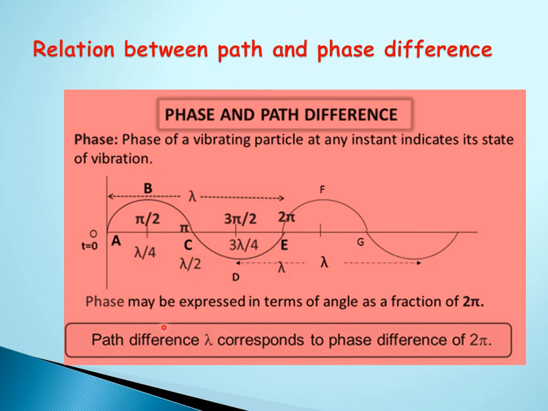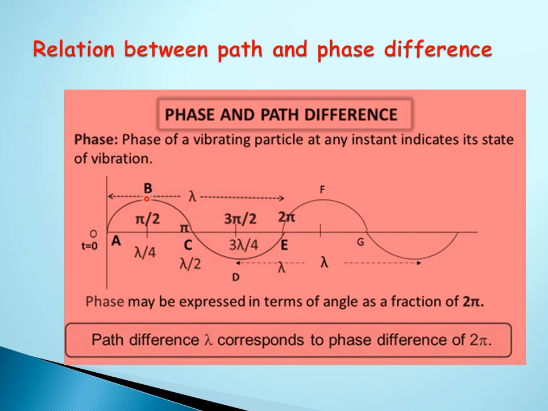The same thing you can see here. Consider the single wave, one crest, one trough. Wavelength lambda is marked and the phases, the angles, are also marked: 0. Then when the amplitude is maximum, pi by 2, 90 degrees.